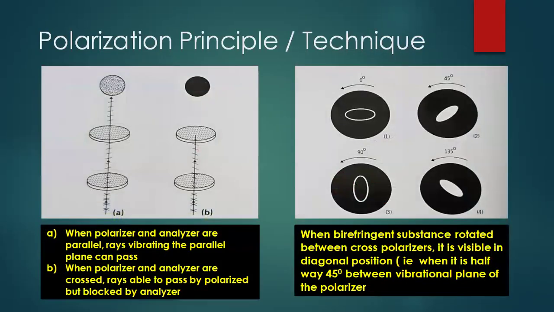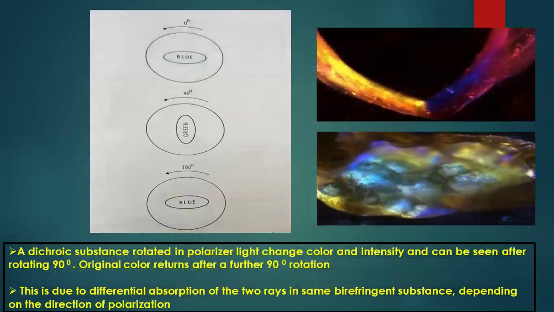When the polarizer and analyzer are parallel, vibrating rays in the parallel plane can pass. When birefringent substances are between the crossed polarizers, the vibrational plane of the polarizer can be visualized. Dichroic substances in polarized light are useful because this is a basic thing.